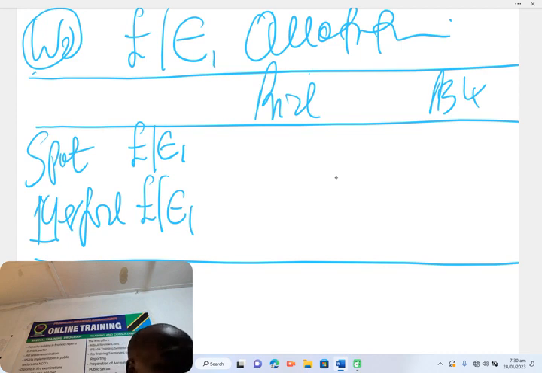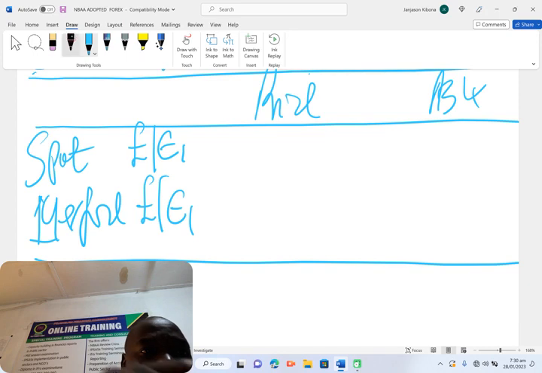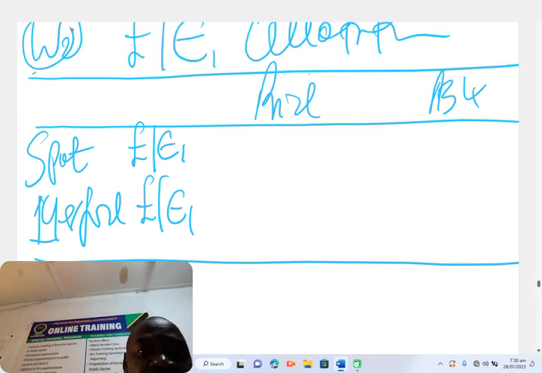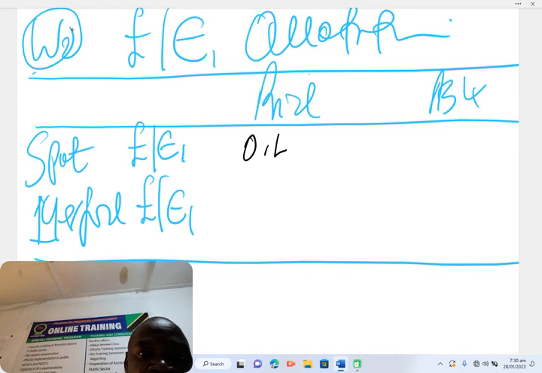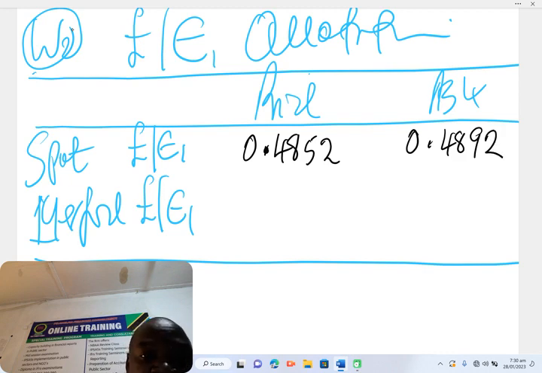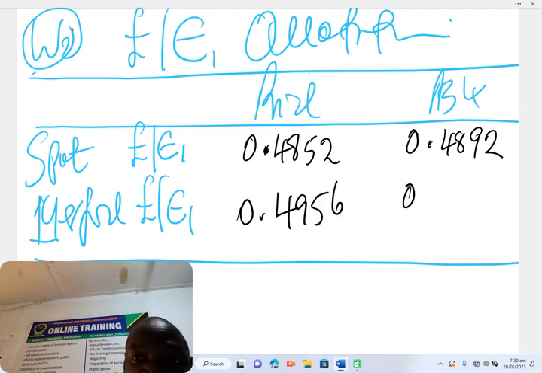What's been given? Spot, it is 0.4852 against 0.4892. 1 year forward, it is 0.4956 and 0.4966.